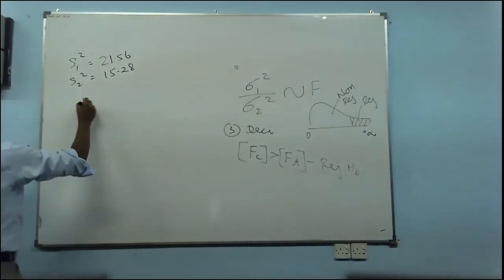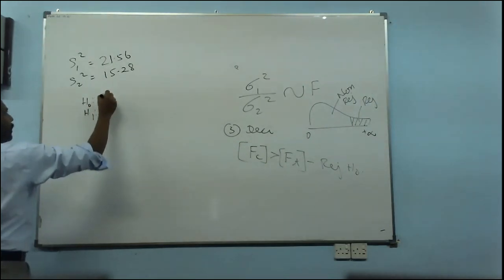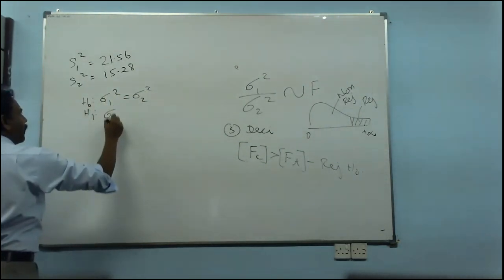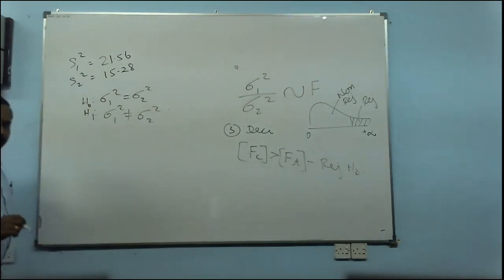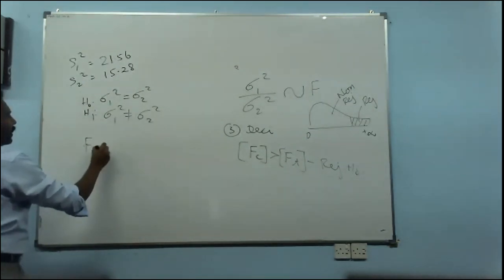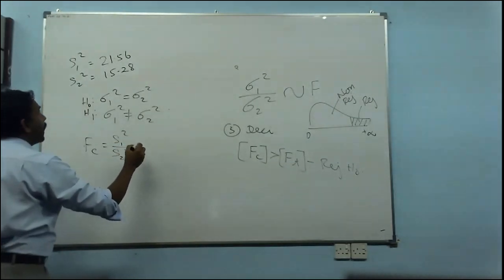So my null hypothesis and the alternative, as usual: sigma 1 square is equal to sigma 2 square, sigma 1 square not equal to sigma 2 square. The second step is the calculated value, that is S1 square divided by S2 square. What is the answer for that?